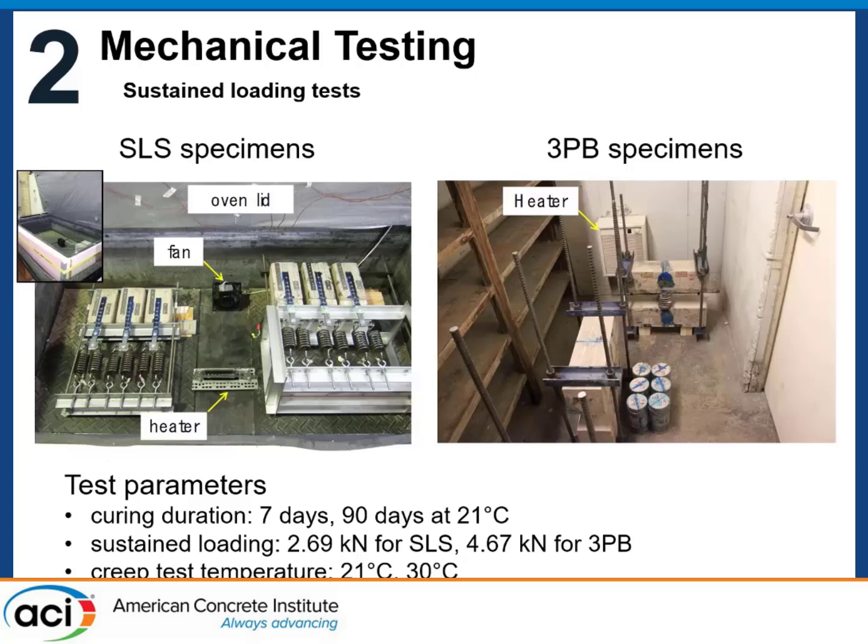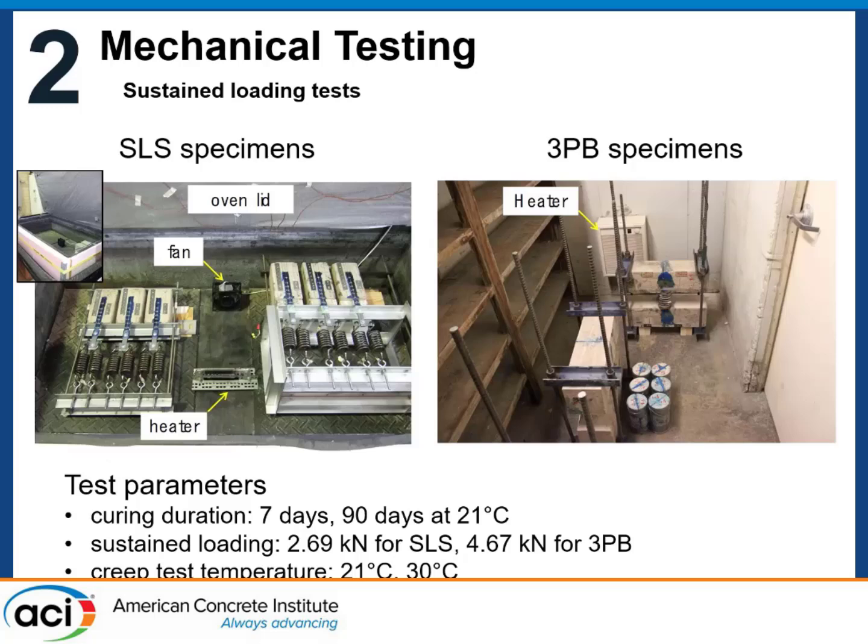And as you can see here, we were playing with different variables. We looked at the curing time for the epoxy. We looked at the time prior to sustained loading. We did a sustained loading for these specimens. For the shear lap specimen, the sustained load level was about 50% of what was expected to be the failure.